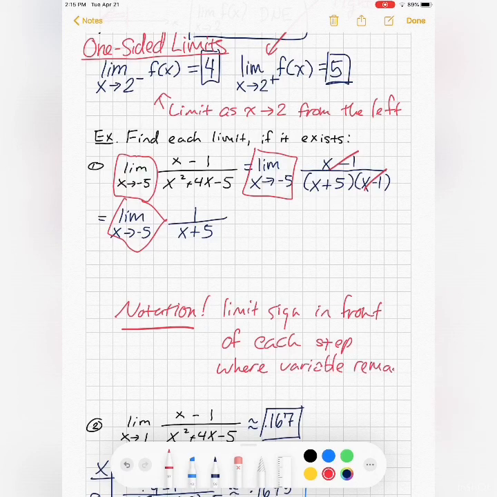Because all I'm doing so far is simplifying the expression. See how in all of these steps, the variable still remains. I haven't actually evaluated the limit yet. I'm just simplifying the expression.